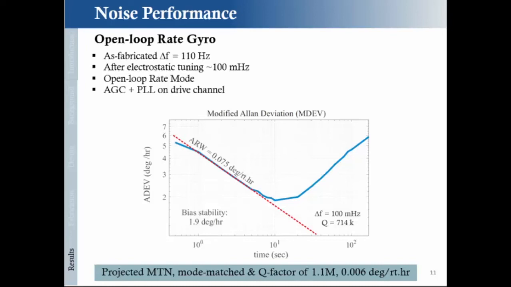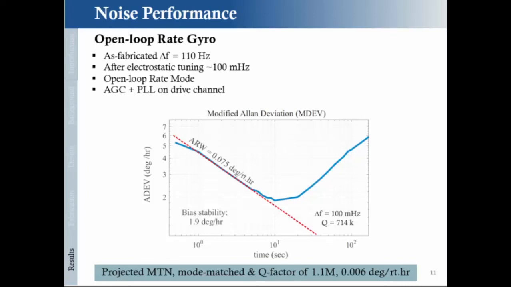Remember, this is a very small device, 2 millimeters by 1.7 millimeters in size, with very low capacitance. As fabricated, delta F was 110 hertz. Of course, this can be improved, it's a process issue. We electrostatically tuned the device to 100 millihertz. We operated this device in open loop rate, and the only loops we implemented were AGC and PLL.